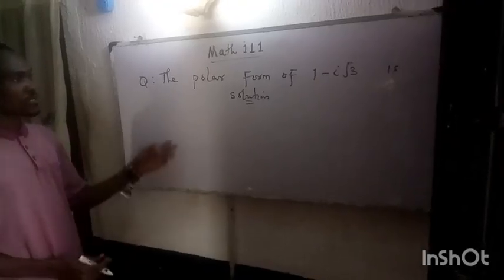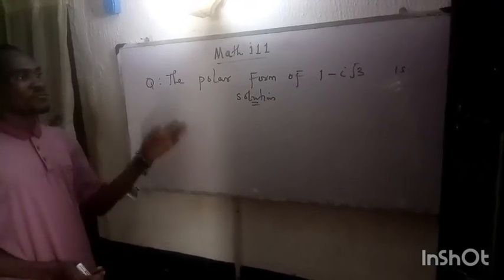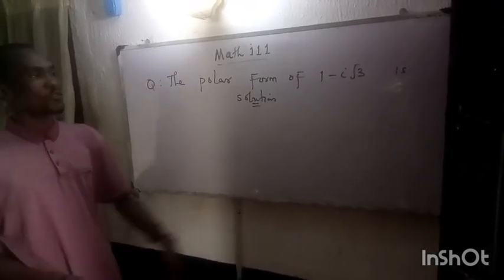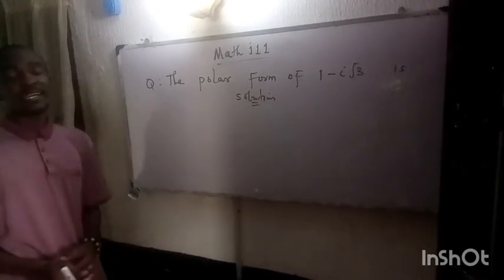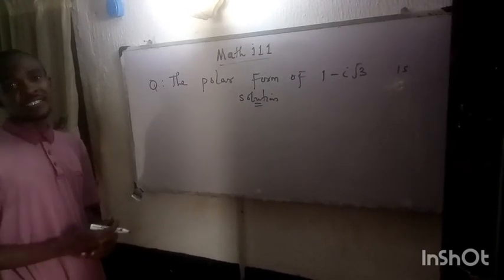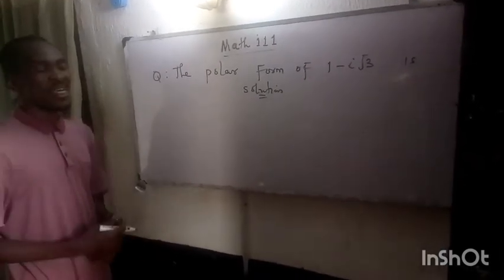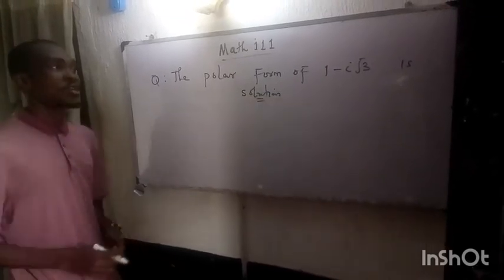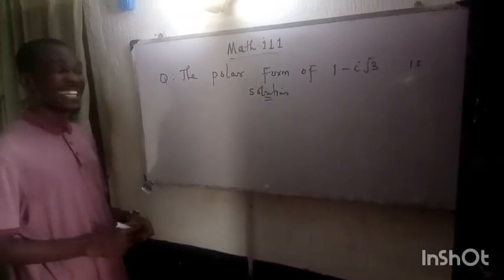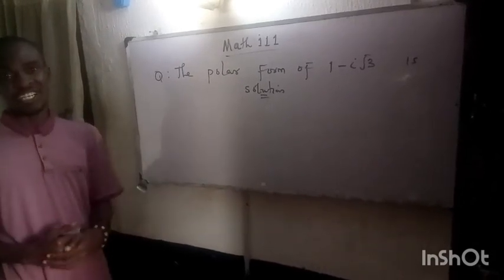So we are going to look at this particular question, still on complex number. We have the polar form of 1 minus i root 3. And of course, we know there are different forms in which you can represent a complex number. This is what we refer to as the rectangular form, and sometimes I like calling it the Cartesian form.